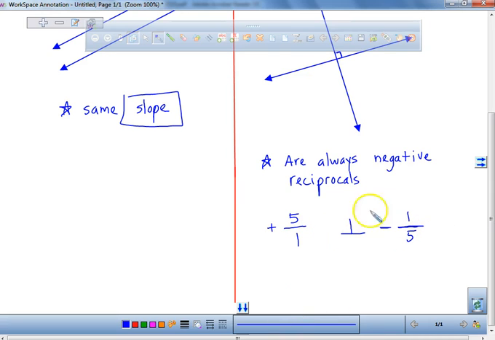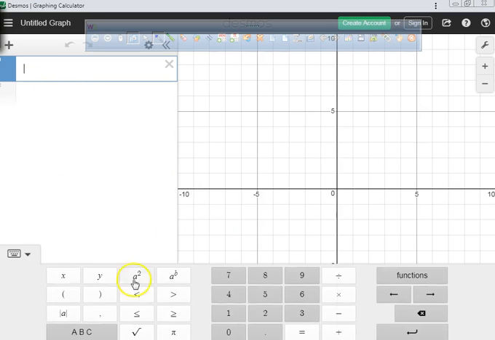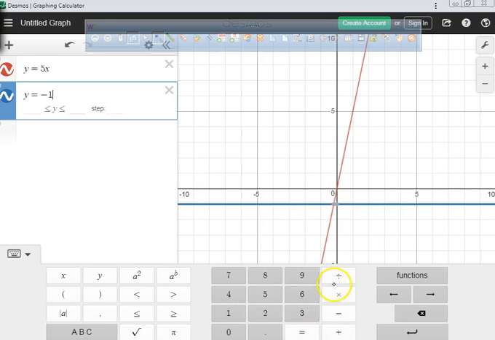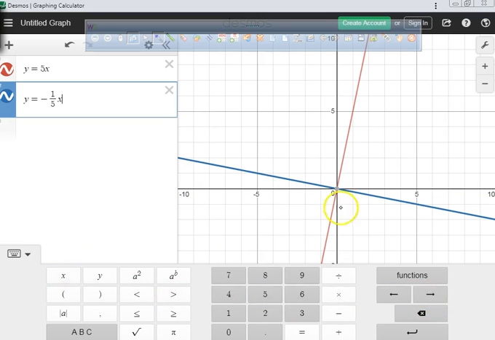Now I'm going to show you this on Desmos right now. So I'm going to write y equals 5x. And then down here, I'm going to hit y equals, and what did I say the other slope was going to be? Negative 1/5. Now I'm going to hit the right arrow and hit x.